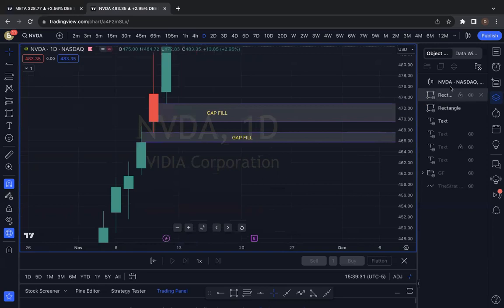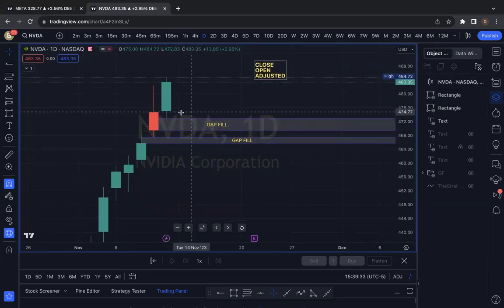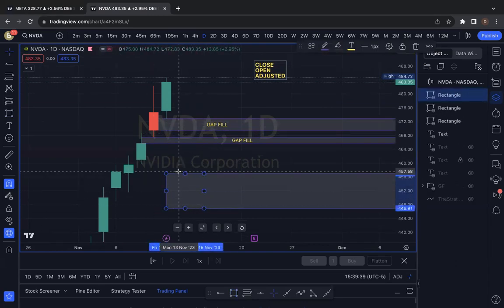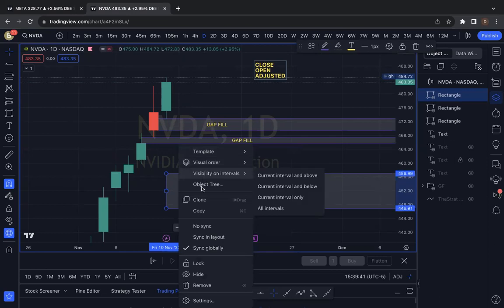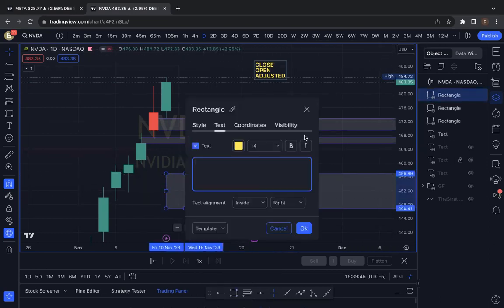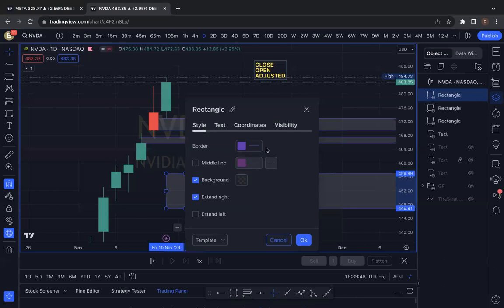If you are very new and you're wondering how I got my rectangle like this, it's literally just the rectangle tool. Okay, it's just the rectangle tool, and I have a template for it. But you can customize your settings however you would like. You see I have the purple style. I have a background for it. You could take your background off if you want.